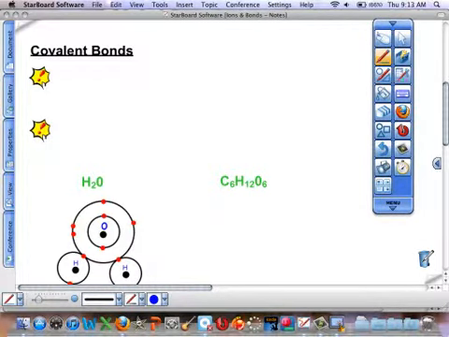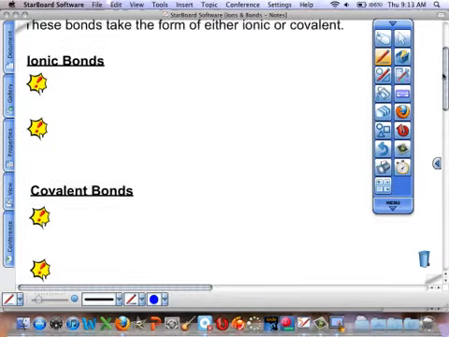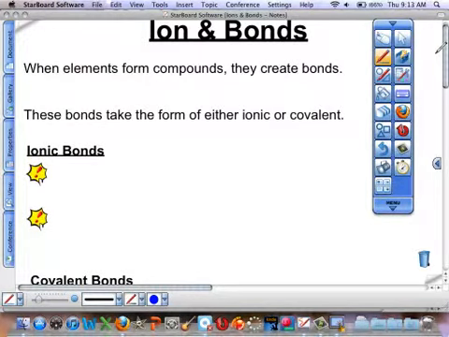So remember we talked about the 2 types of bonds. And this is really important for you guys to take note of today. This is actually a really big concept for today. Remember, when we bond, we're bonding through that outer electron. And sometimes we're sharing the electrons, sometimes we're transferring the electrons.